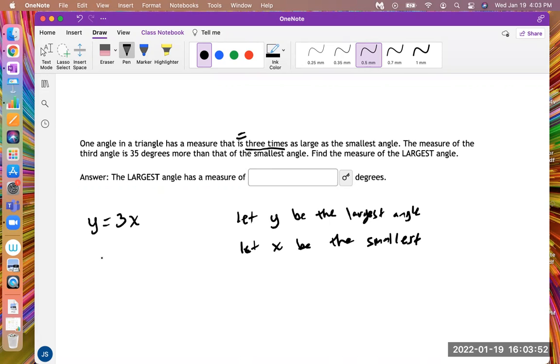So maybe we'll let this third angle be z. z is equal to x plus 35, right? 35 degrees more than means you take that value and add 35 to it. If it's 35 more than the small one, you take the small one and add 35 to get the third angle. So I'll let z be the third angle.